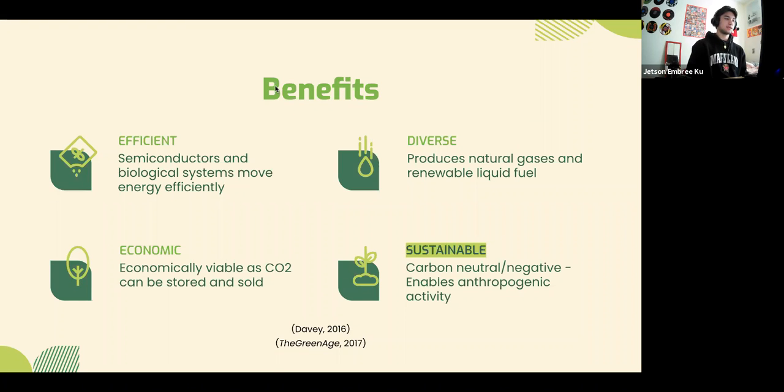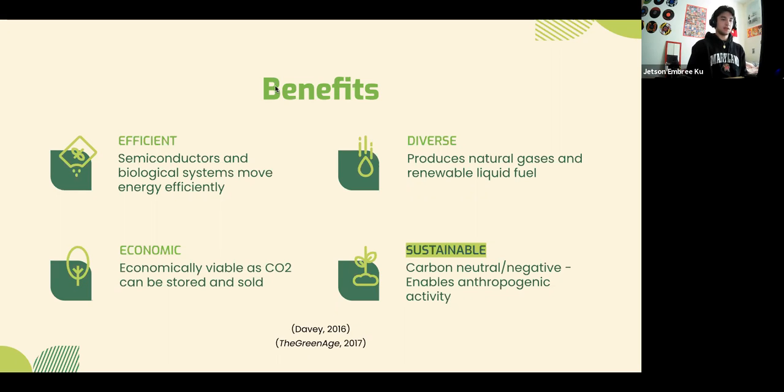This is different from burning fossil fuels because it'll produce the different kinds of fuels which can be used. Economically, it's viable because the CO2 can be stored and then it's saleable. But most importantly, it's sustainable.